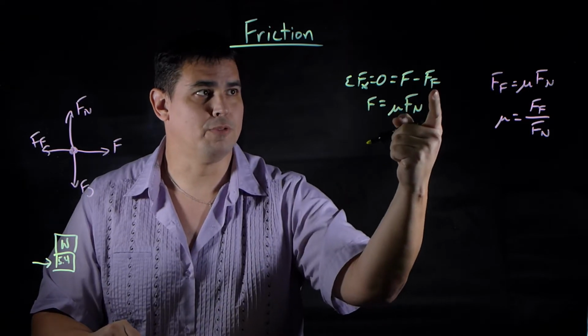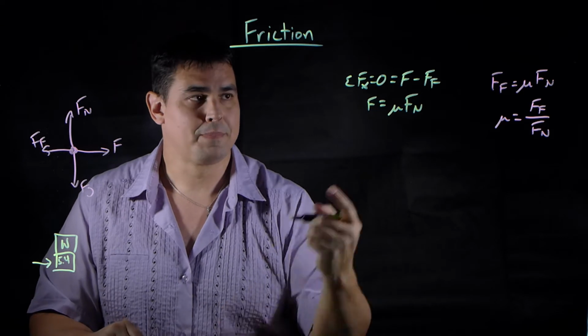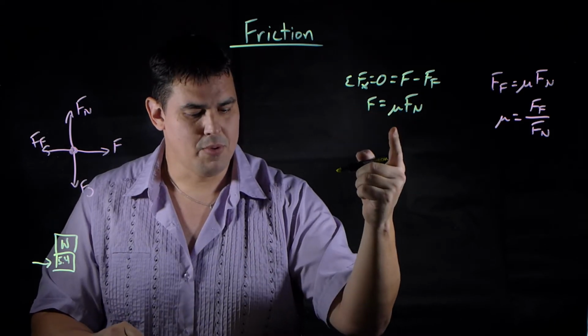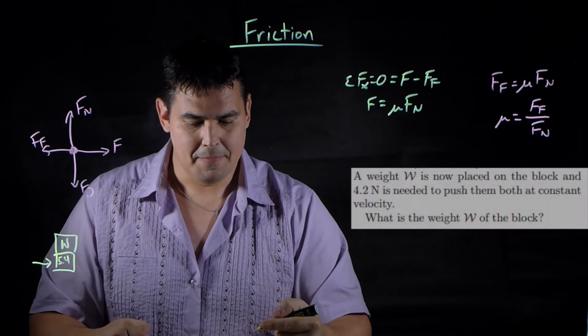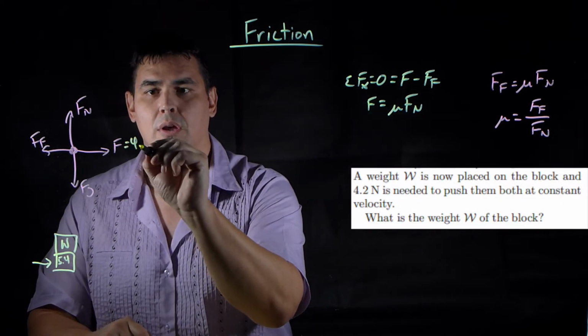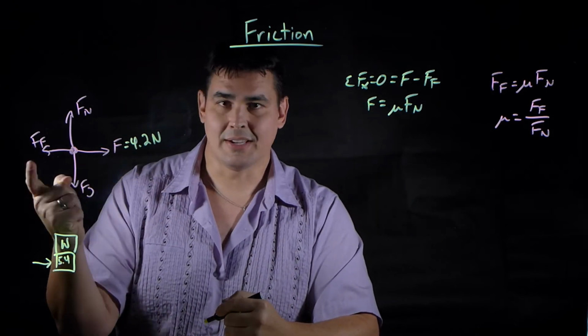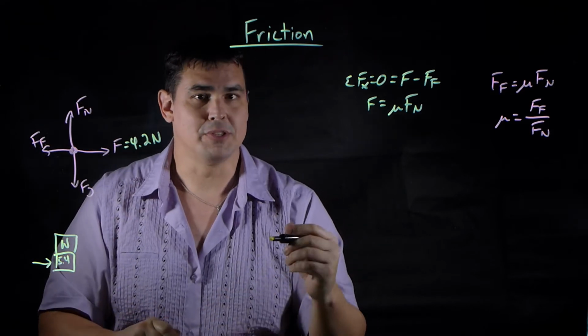If I move this over and plug in mu Fn for Ff, I end up with this. And so mu Fn has to be 4.2, because now it's telling me that I pushed with 4.2 newtons. Because it's not accelerating in this direction, I'm pushing with 4.2, so friction has to be 4.2.